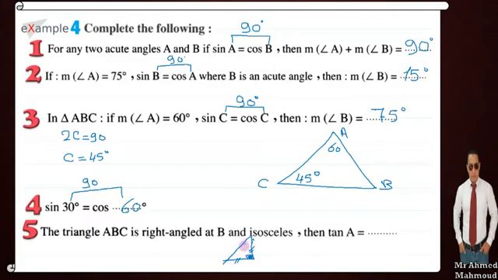Its angle equals 45 and the other angle also equals 45. Right angle at B, and here A and here C. A equals 45, C equals 45. Then tan A equals tan 45 equals 1.